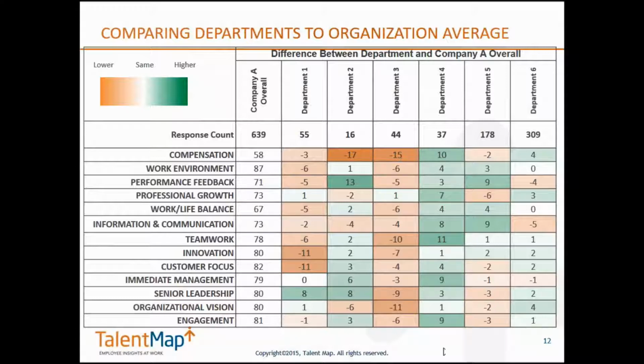I'm 9% above the organization's average. I'm feeling pretty good about myself sitting around that table right now. If poor Kelly is the VP of Department 3, she's sort of slinking under the table at this particular juncture. And not that she's unaware of what's going on in her department and that some of her people are less than enthused, less than engaged. But to be shown this amongst her peers can be quite damaging.